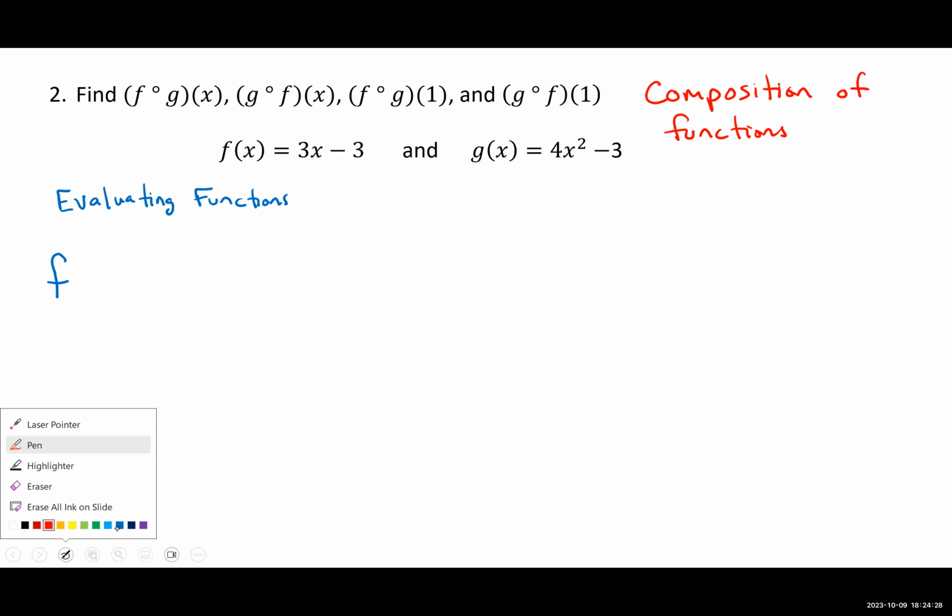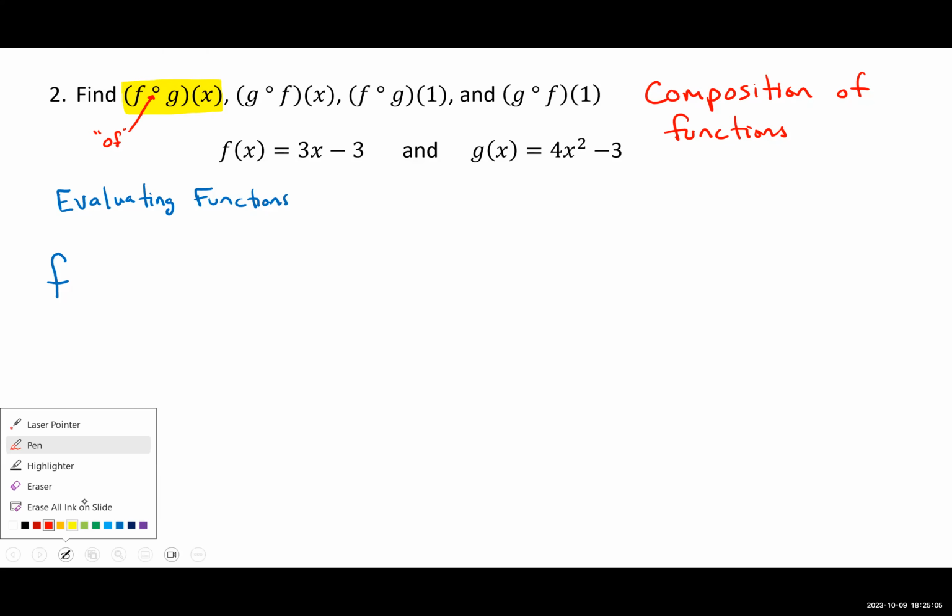Okay, so now let's start with the notation because that's the most important. I'm looking at this first one. That little open circle, let me use a different color. Let's go with red. That little open circle right there, that's the notation for the word of.